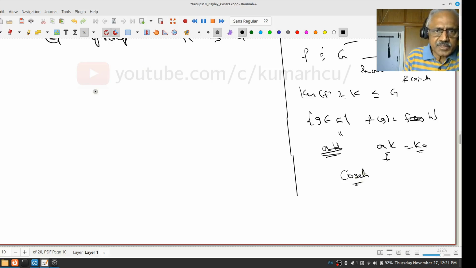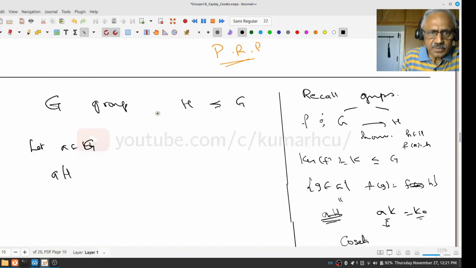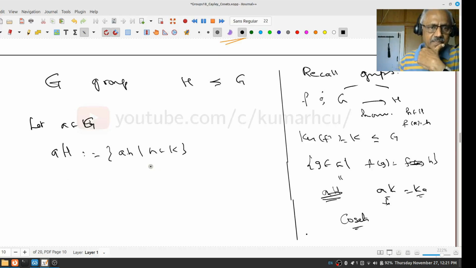So let H be a subgroup, okay, and let a belong to G. Then we define aH. Okay, I am back in this place. I am assuming H is a subgroup of G. Let a be an element. Then this is the set of a times h, where h is in H. You understand that?